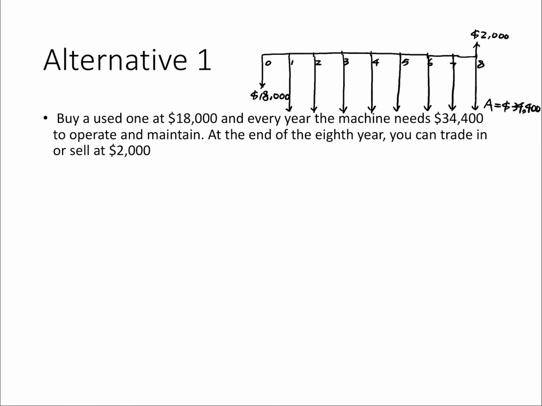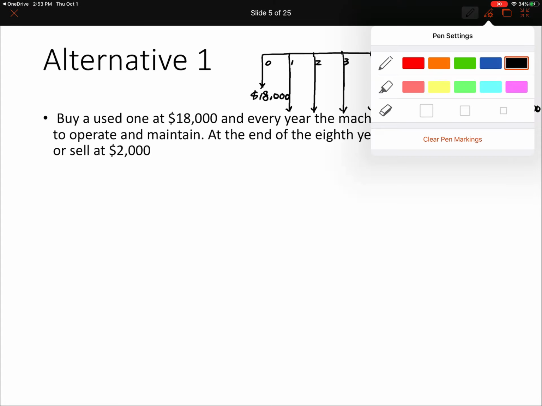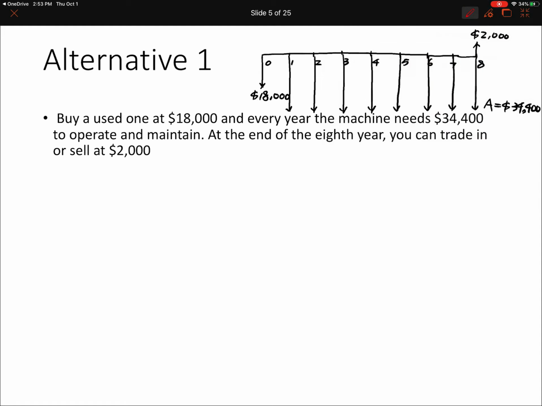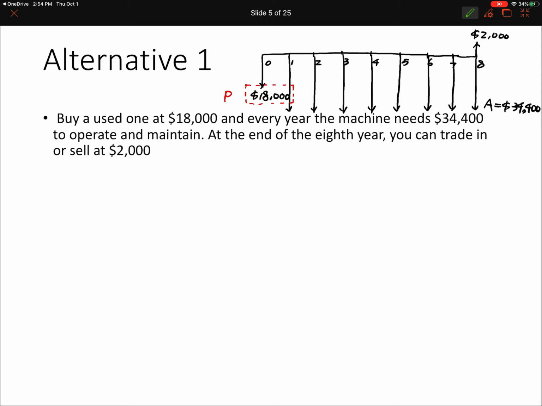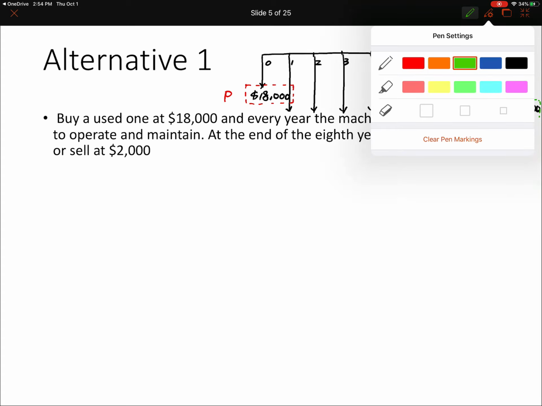Okay? So now take a look at this cash flow. You have 3 types of cash flows. You have the first type, which is P value, right? And then you have a second type cash flow, which is annuity.